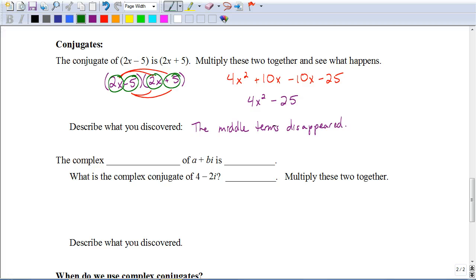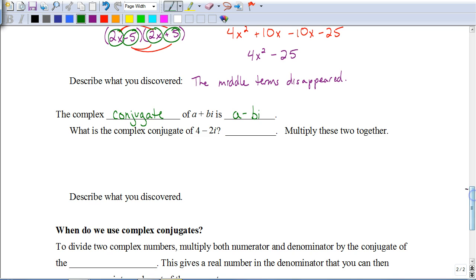Now, the complex conjugate of a plus bi would be a minus bi. So let's look at what the complex conjugate of 4 minus 2i would be. It would be 4 plus 2i. Now let's multiply these two together.